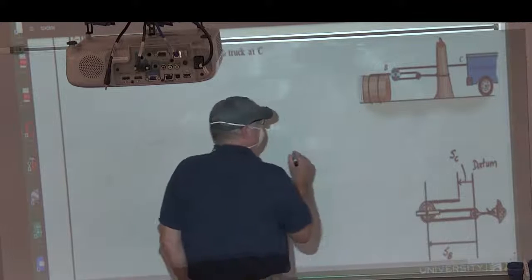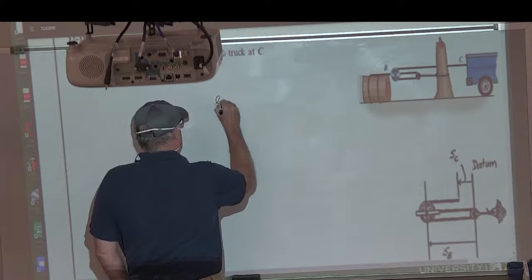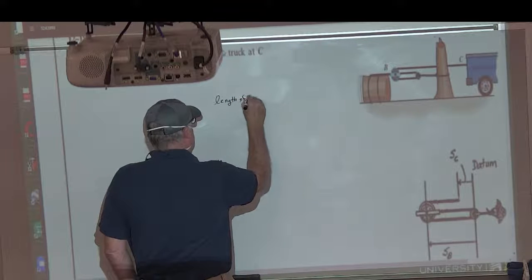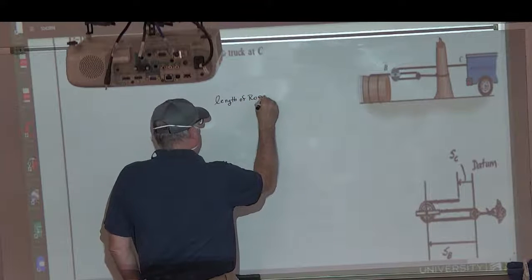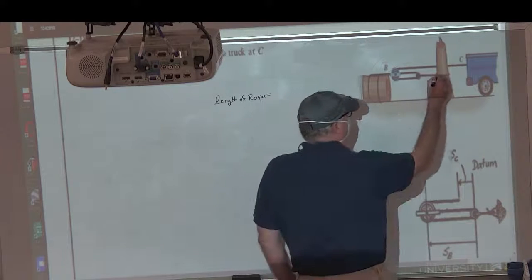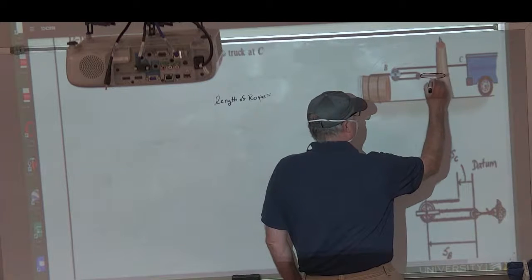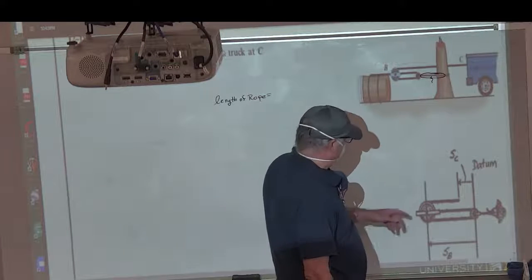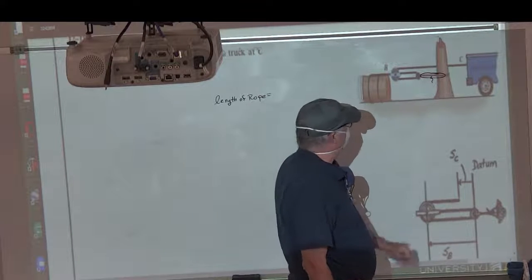So we have the length of the rope. There happens to only be really one rope. There is this one, but we're not interested in that one. He has put a datum right here.